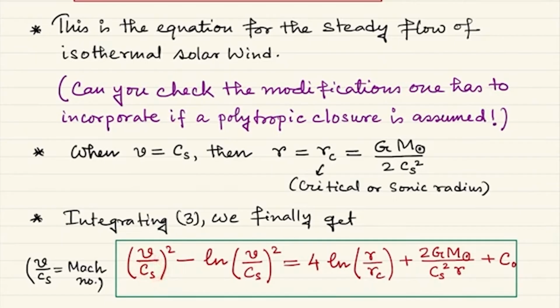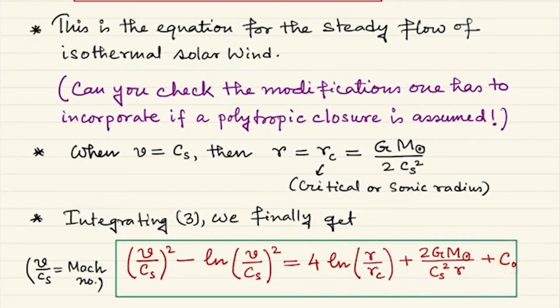You will see the solution is given like this: (V/Cs)² minus the logarithm of (V/Cs)² is equal to 4 times log(R/RC) plus 2GM solar by RC Cs² plus the constant of integration C0.